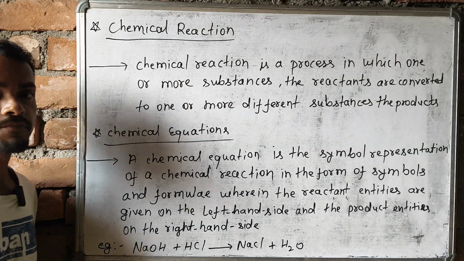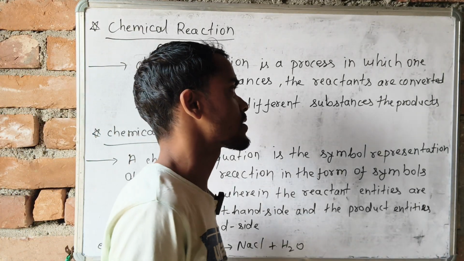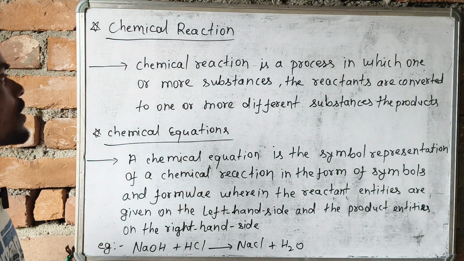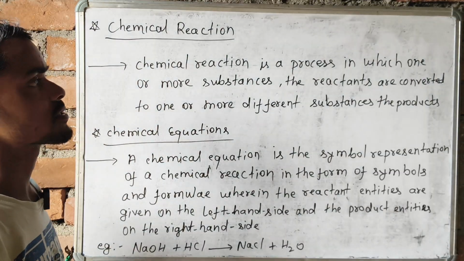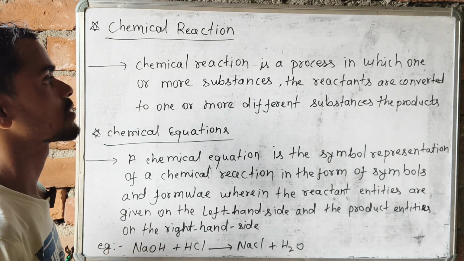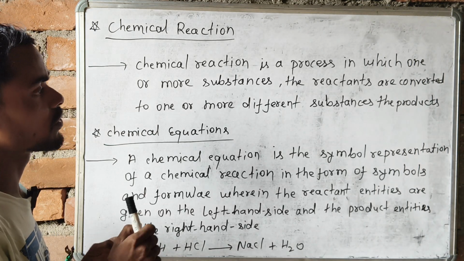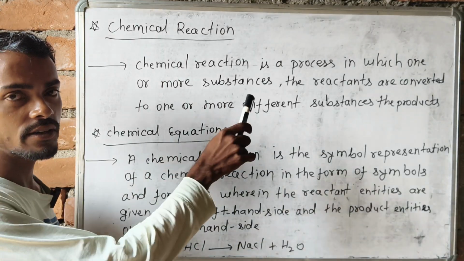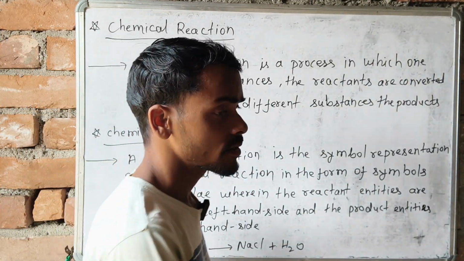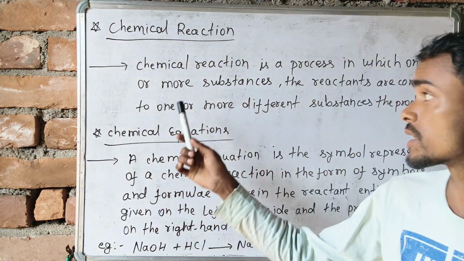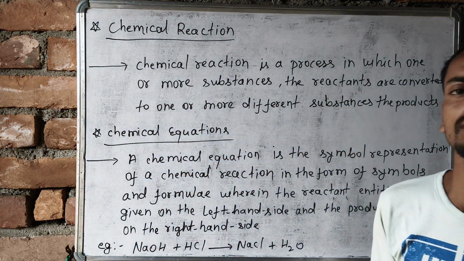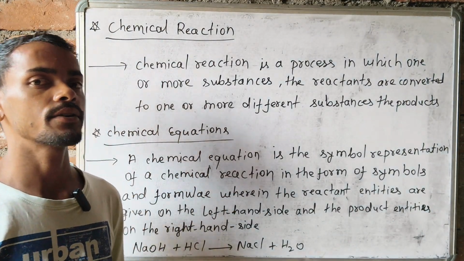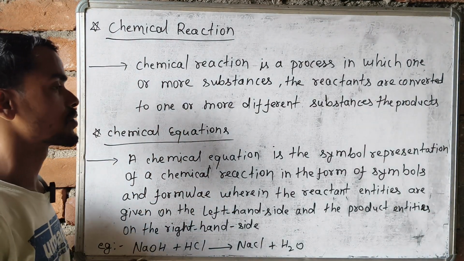When I talk about chemical reaction, it is a process in which one or more substances, the reactants, are converted to one or more different substances, the products. You can just read that definition and try to remember it, and write it in your notebook so that you can remember the note quickly.